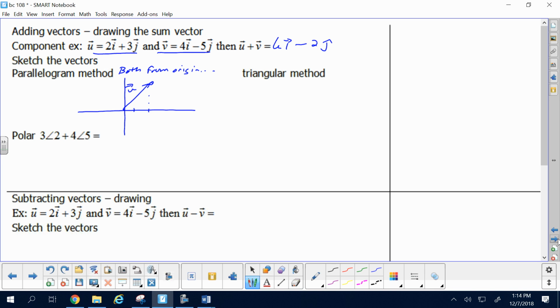If you start at the origin and then do vector v, it's right 4, down 5, there's vector v. Now, the sum of those two vectors, I like to think of two strings pulling on that. Wouldn't those two together share an effect of somewhere in the middle? Yeah?